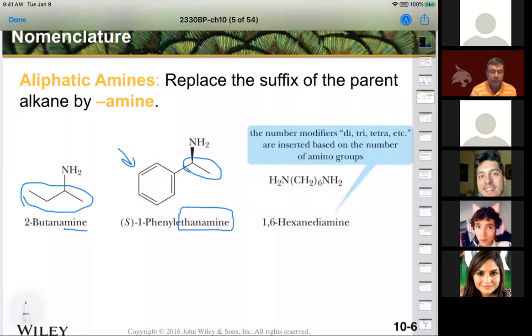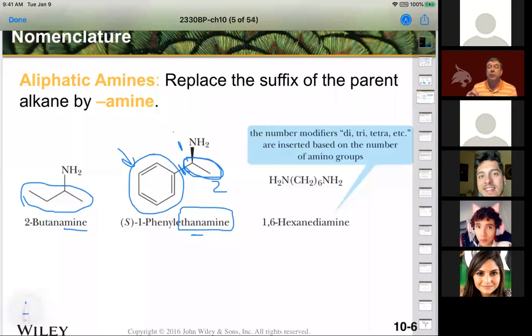And then we have a phenyl group in that 1 position. Okay. And the amine is on this position, suggesting that this is our number 1 carbon and this is our number 2 carbon, because the compound is named for the amine and we want it on the lowest carbon possible. So here it can't be on the 1, so it has to be on the 2. Here we assume it to be on the 1.